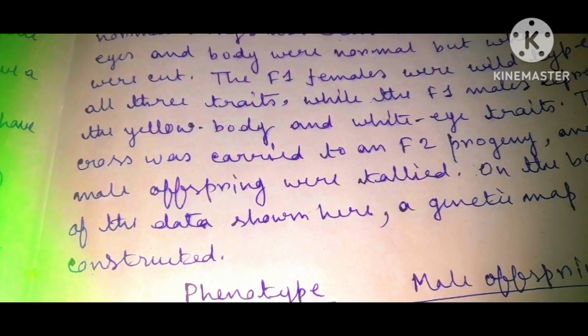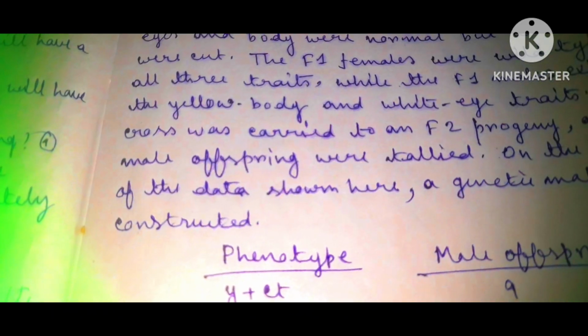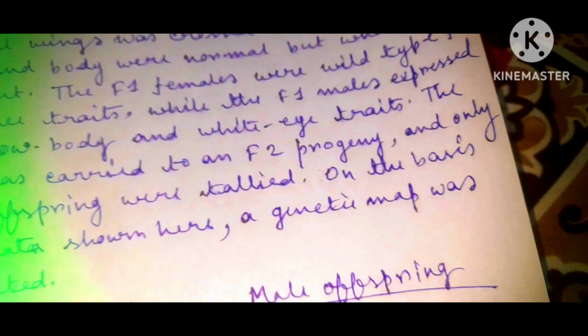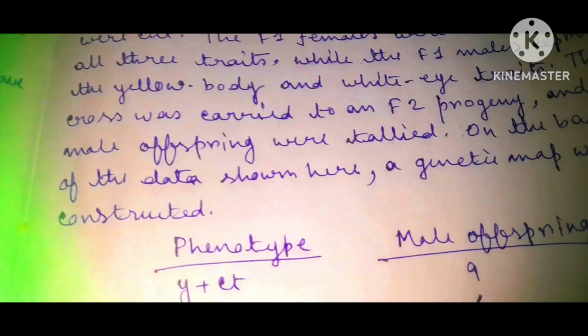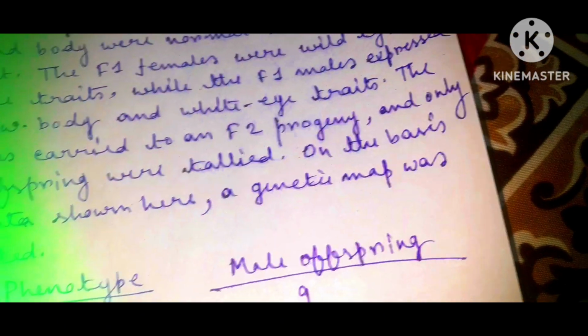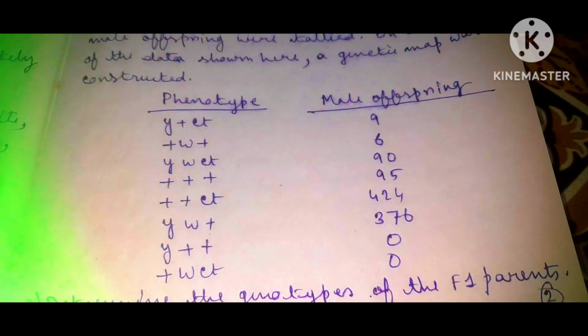The cross was carried to an F2 progeny and only male offspring were tallied. On the basis of the data shown here, a genetic map was constructed. Look carefully.